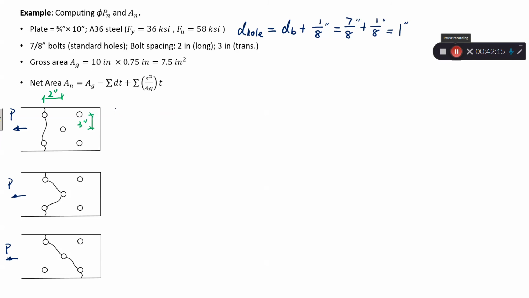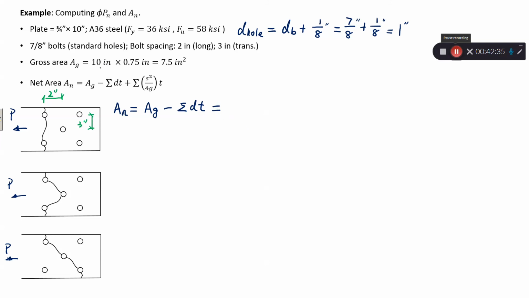Then AN for this scenario is the cross-sectional area AG minus the sum of the hole areas.